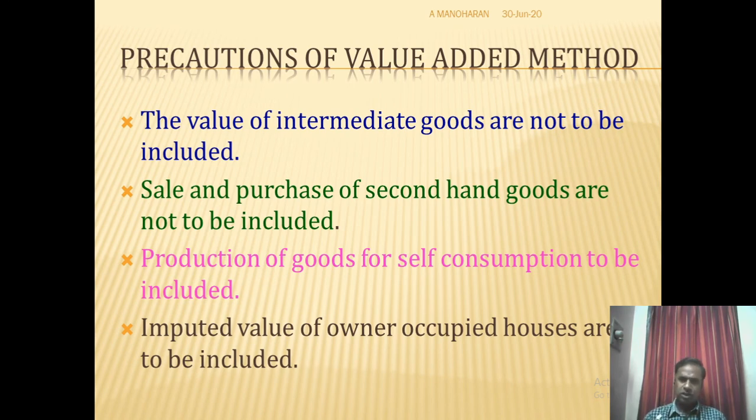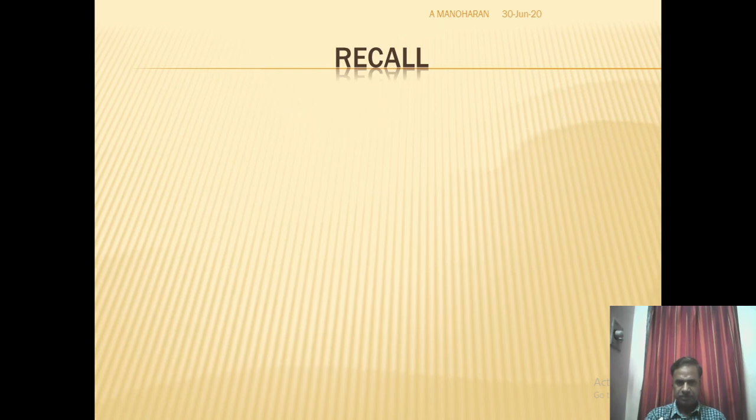Though the owner is not paying rent to anyone, the house occupied by the owner also produces value worth rupees 10,000. That's why we have to estimate the value for the owner-occupied houses, and that value is also to be included in the national income. Right?